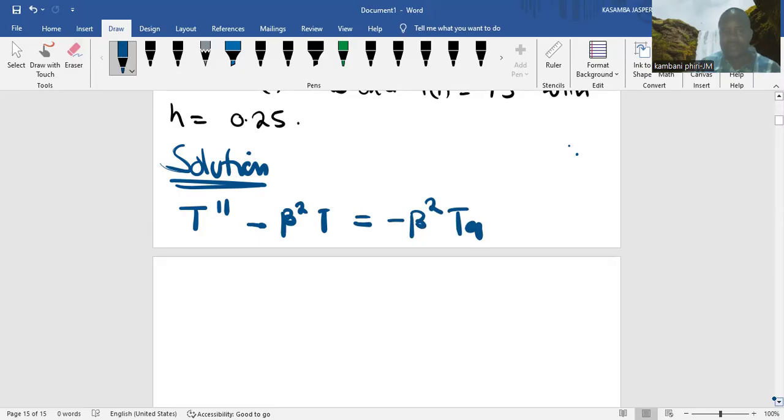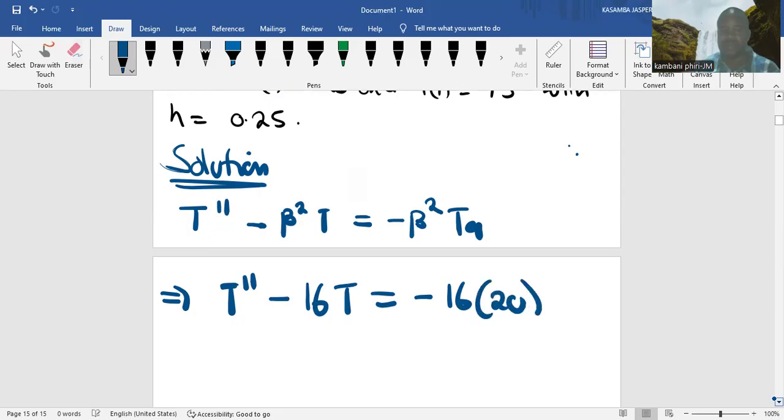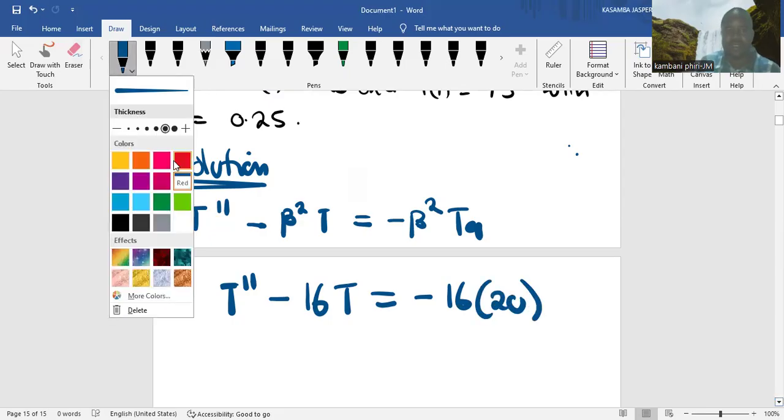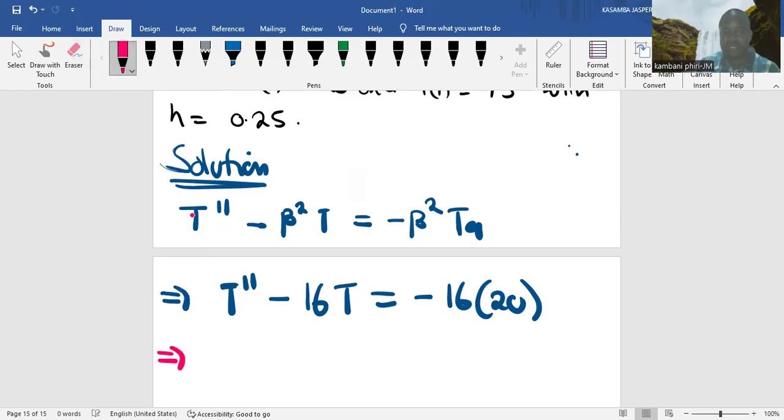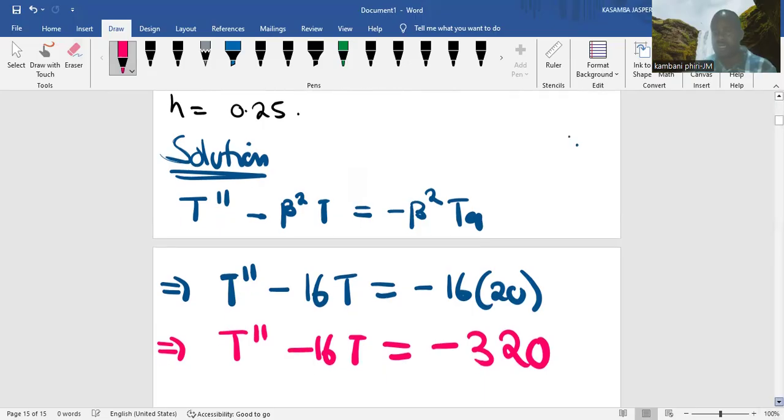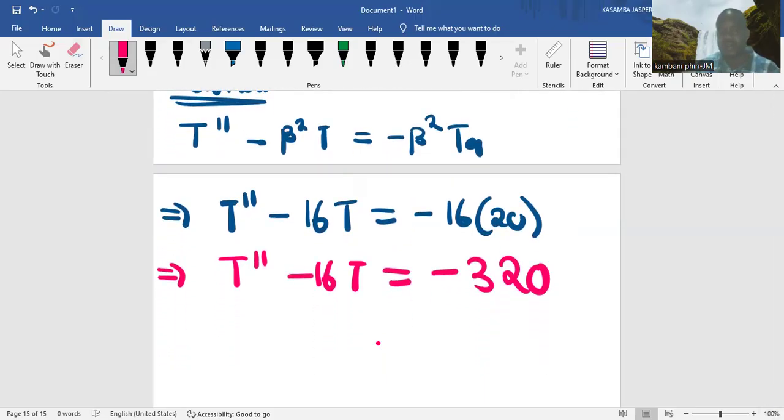So upon doing the substitution, we have T double prime minus 16T is equal to minus 16 times 20. This will give us T double prime minus 16T equals negative 320 as our differential equation.